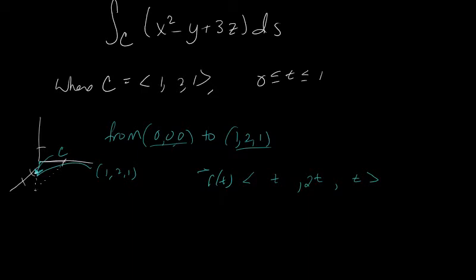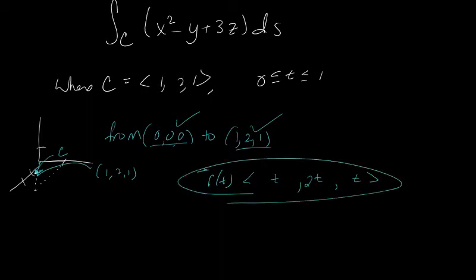For the z component, I need 1 again, so that works. Let's double check. If t is 0, I get 0, 0, 0. Check. If t is 1, I get 1, 2, 1. Check. So this is our parameterization r of t. This one was extremely straightforward. Some will be more challenging, but just to give you an idea of what we have to do, this is what we're doing.